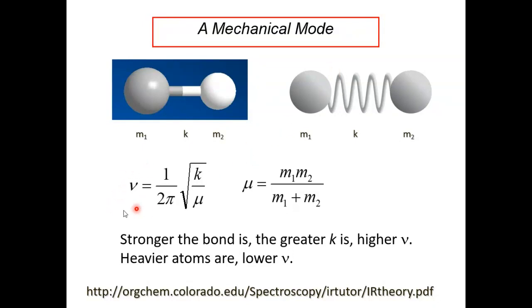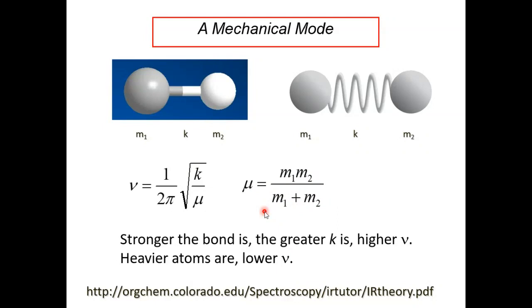The stretching vibration frequency is given by this equation: 1/2 pi times the radical of K divided by mu, where K is the spring constant and mu is the reduced mass, equal to M1 times M2 divided by M1 plus M2.